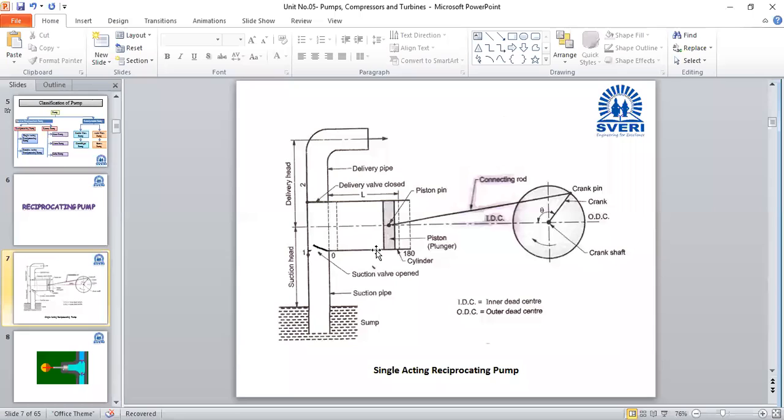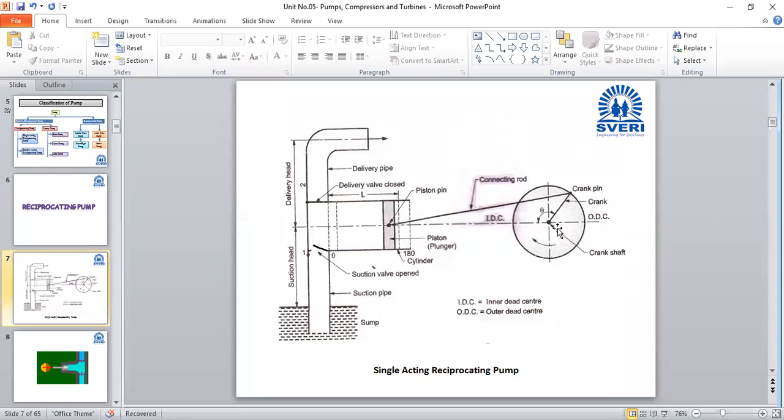Here we have cylinder, piston, connecting rod, crank pin, and one suction pipe and one delivery pipe. How does it work? When this crank is connected to the prime mover, and the prime mover starts, this crank also starts rotating.